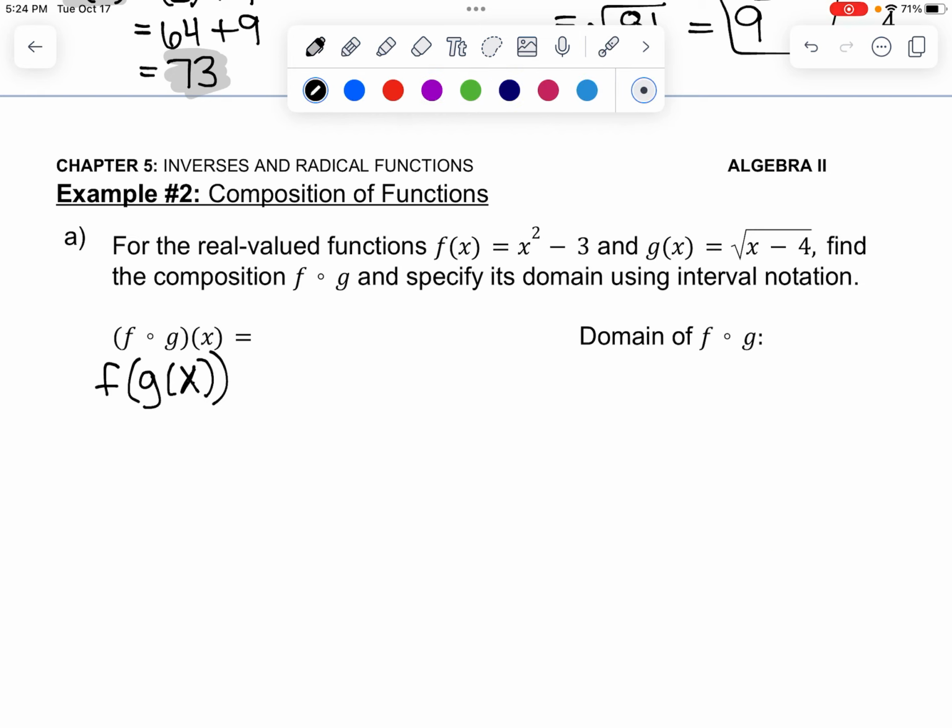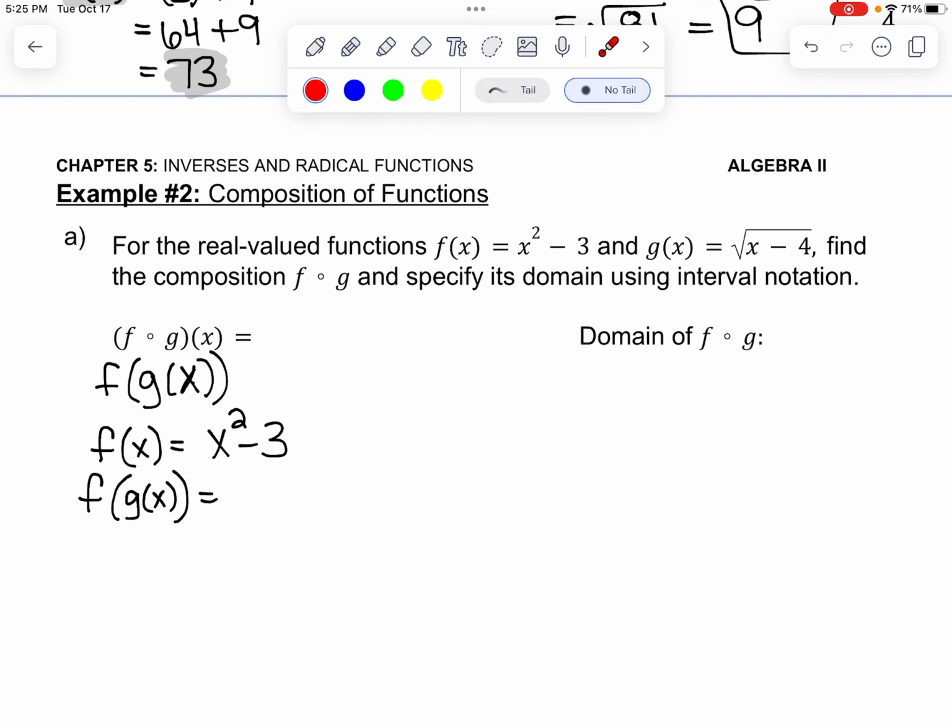So what I think is kind of helpful sometimes is if I just start out with f of x. So f of x was given to me as x squared minus 3. Then I substitute, I wanted g of x as my x value. So again, when we want f of g of x, a g of x is going in for an x. So instead of an x squared, we'd have a g of x squared minus 3.